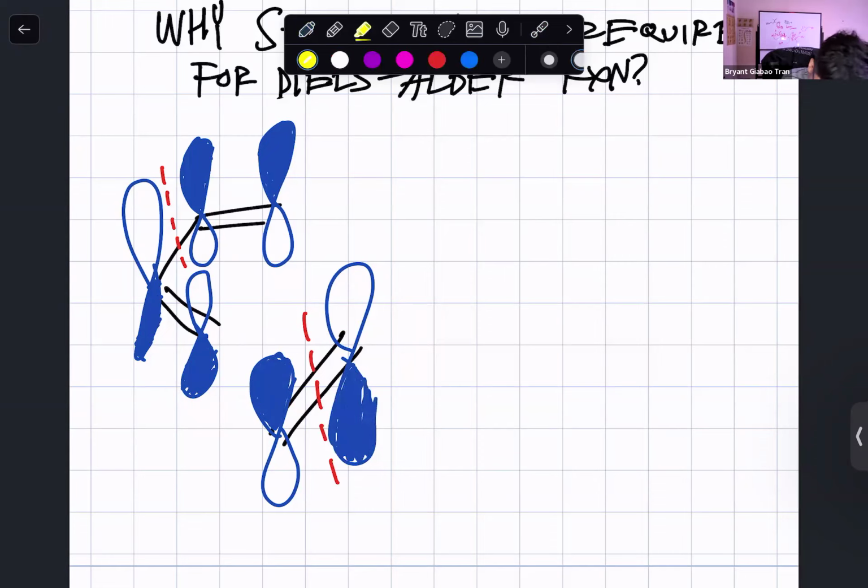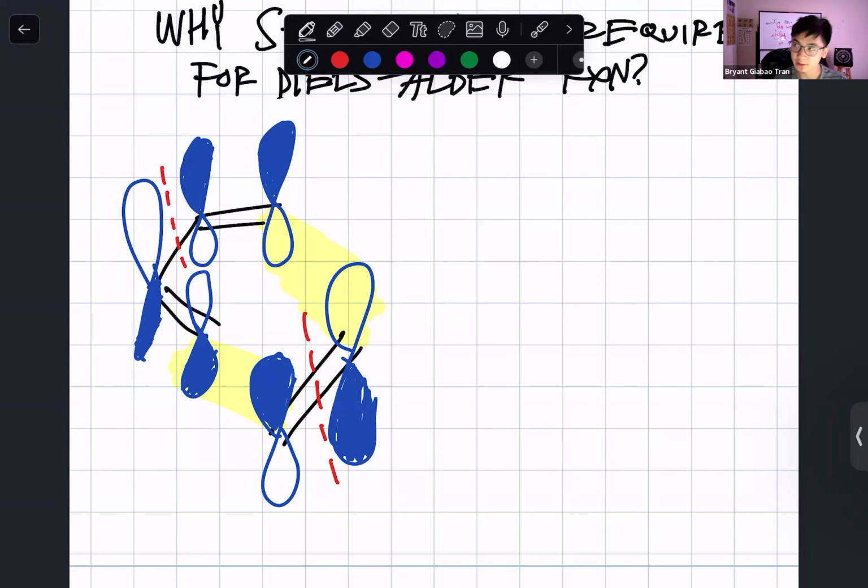Now we see that these two lobes here are overlapping with each other, right? They have the same configuration. There's electrons here, there's no electrons here. That's the direct overlap that they need in order to do an electrocyclic reaction or pericyclic reaction, right? Electrocyclic is like the ring opening, ring closing.